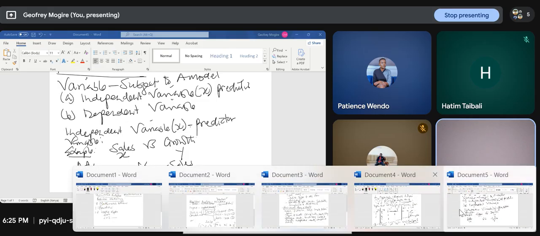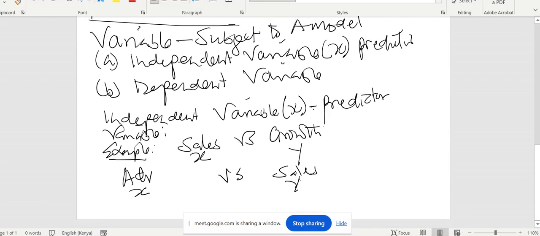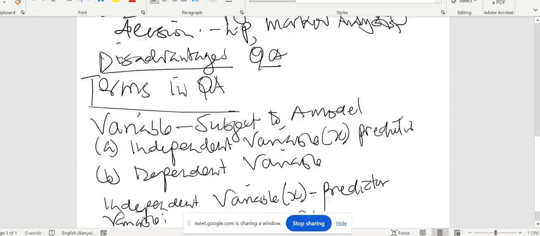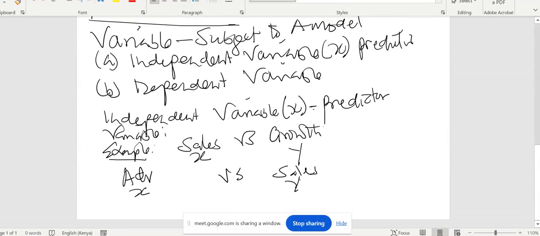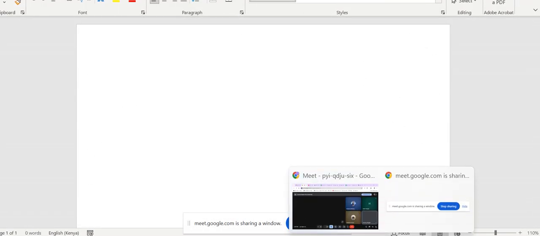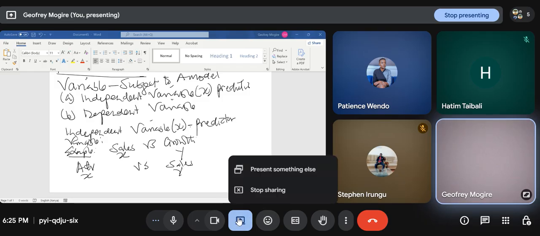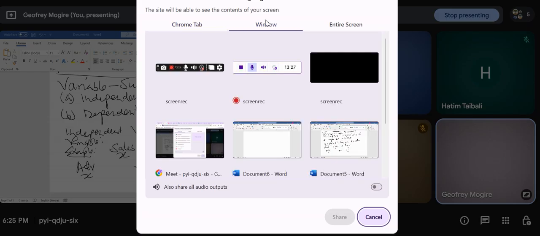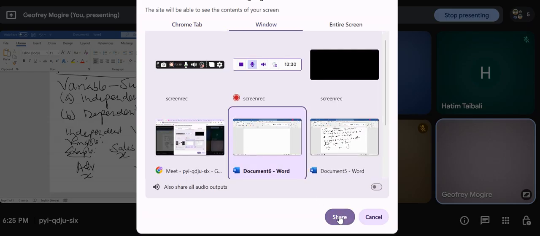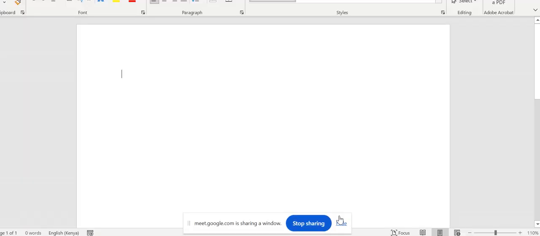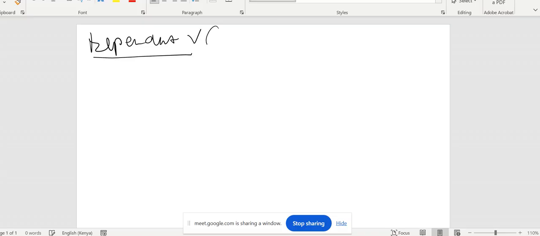Okay. And then we move to the dependent variable, as opposed to what we call the independent variable. The dependent variable, which we have said is always what we call the y. So the dependent variable is y.